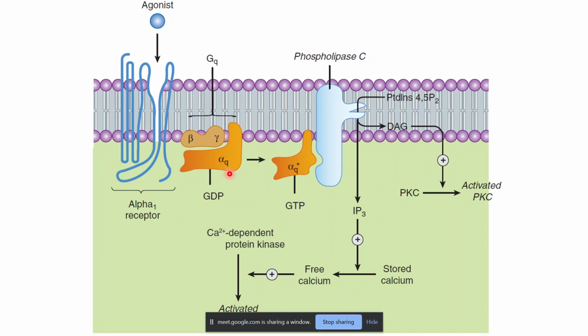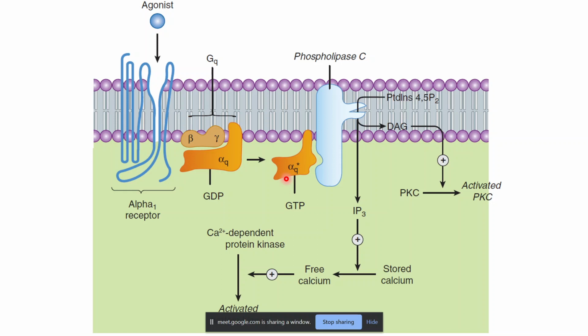G proteins of particular importance for adrenal receptor function include Gs, the stimulatory protein of adenylyl cyclase, Gi, the inhibitory protein of adenylyl cyclase, and Gq and G11, the proteins coupling alpha receptors to phospholipase C, like we see here. It's Gq.